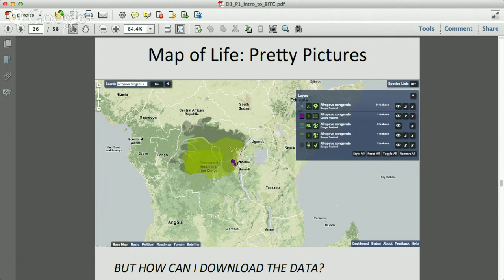This is about Afropavo congensis, which is a really neat endemic pheasant in the Congo Basin in Central Africa. And again, you can see all these data together from all these different sources, but I still haven't found a way to download anything. And so this ends up being pretty pictures, but it doesn't do anything as far as enabling real progress.